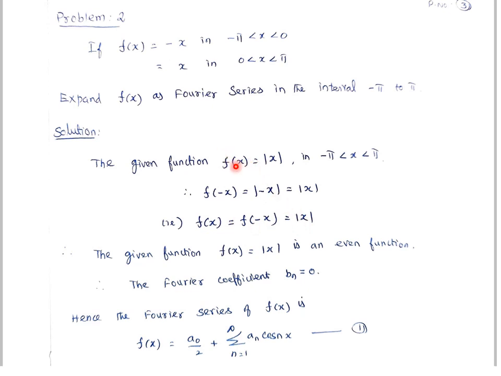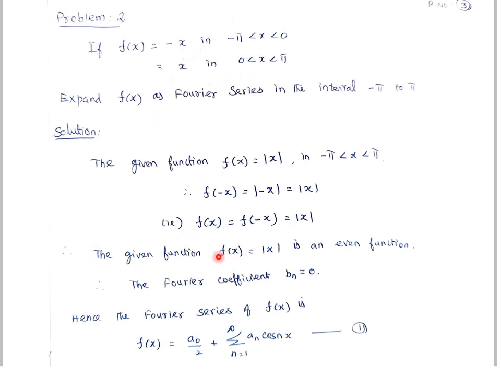Therefore, for both, f of x equal to modulus of x, f of minus x is equal to modulus of x. Therefore, f of x is equal to f of minus x. Hence, it is an even function. Therefore, modulus of x is an even function since it satisfies the condition f of x equal to f of minus x.